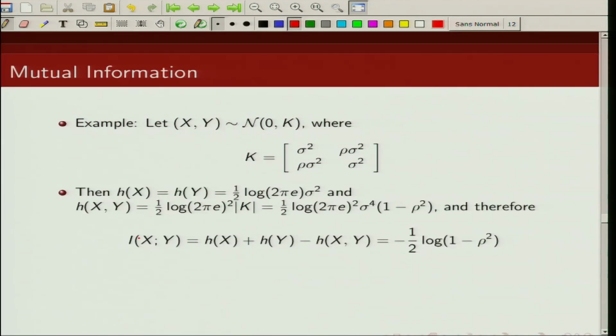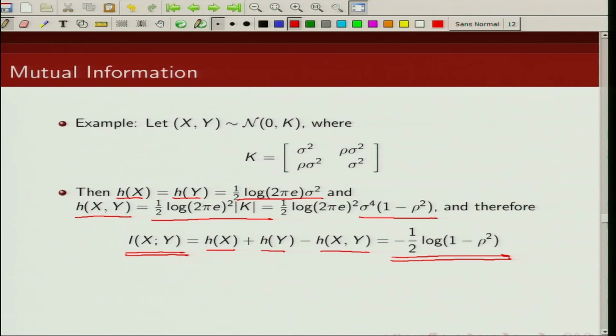So we can write h of x and h of y, which is nothing but half of log 2 pi e sigma square, and similarly we can write the joint differential entropy, which is given by half of log (2 pi e) square and determinant of K, which is given by this. And now we can write the mutual information also as h of x plus h of y minus the joint entropy, and this comes out to be this.